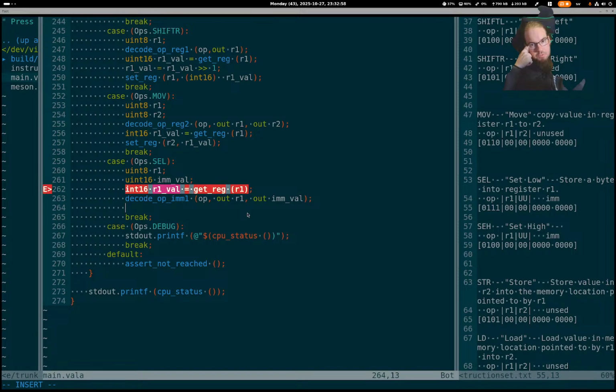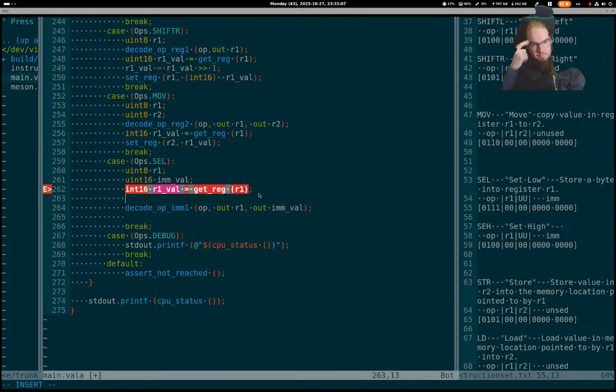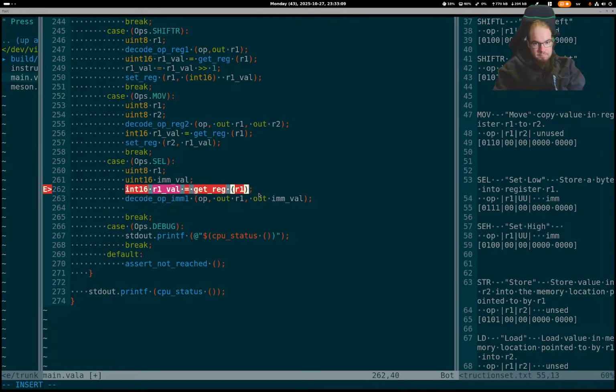We're going to 0x0f. That's the low values.